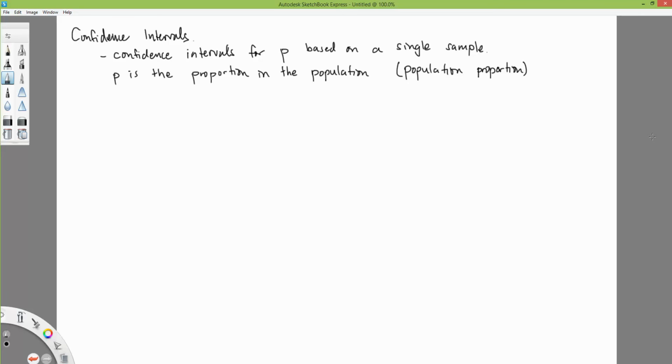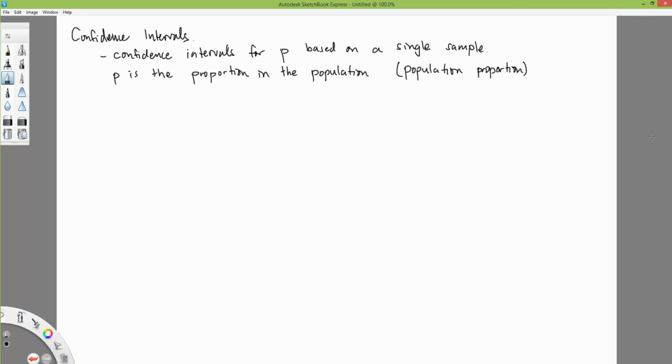In this scenario, we're saying, I've got this giant tub, and I didn't bother counting all the things, so I don't know what percentage are green, or I don't know what percentage are yellow, or I don't know what percentage of users are female, okay? Because I didn't bother counting them all. But if I take a random sample, let's say I select 100 pieces of candy, and I count them out, let's say my 100 pieces of candy turn out to be 33% orange.